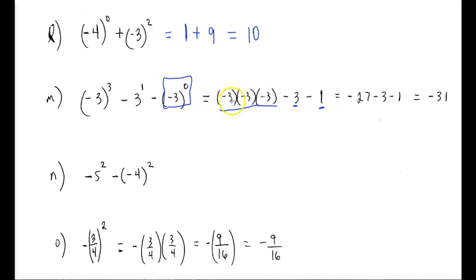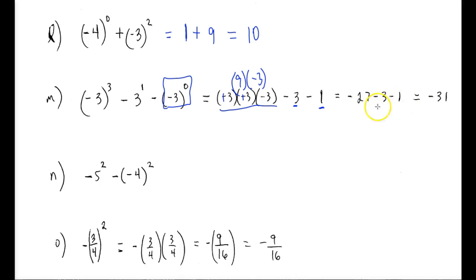When we multiply -3 times itself 3 times, we get -27, because a negative times a negative is a positive, 3 times 3 is 9, and a -3 times +9 is a -27.